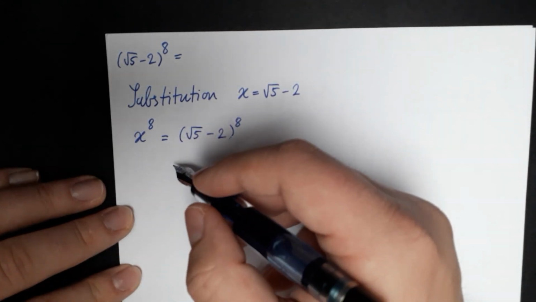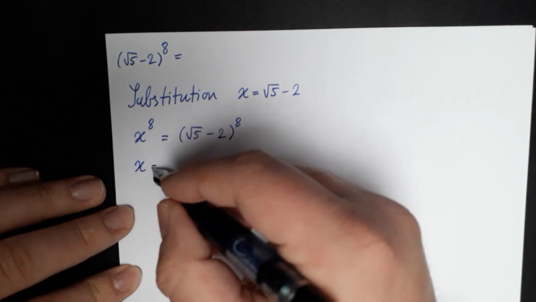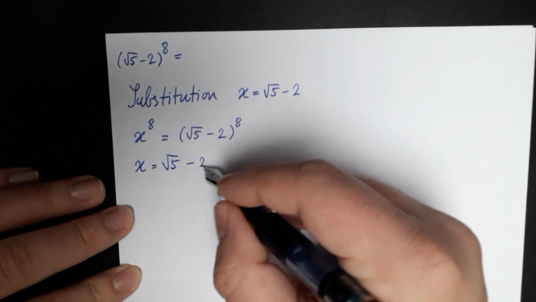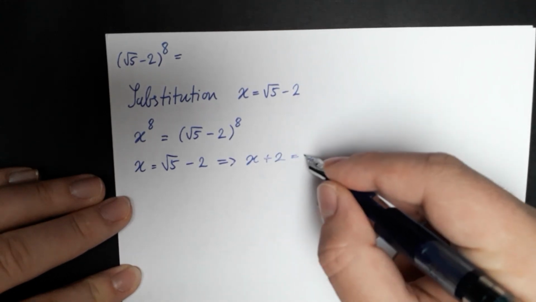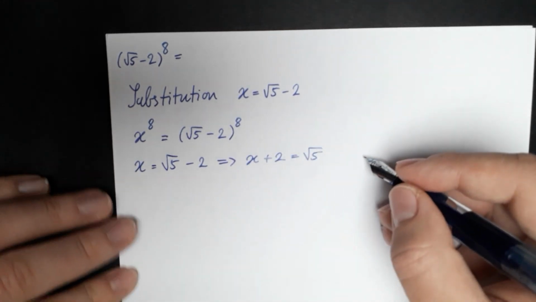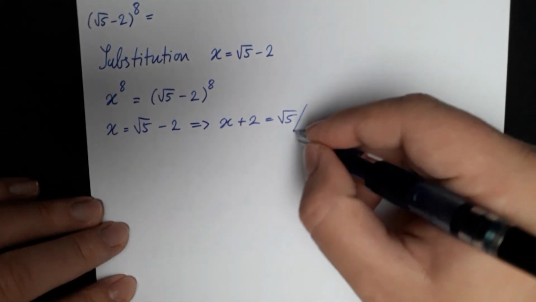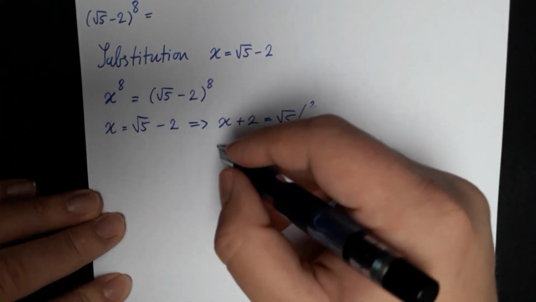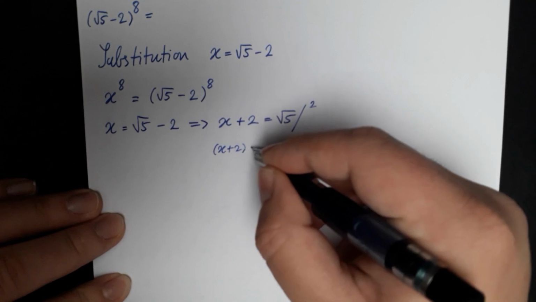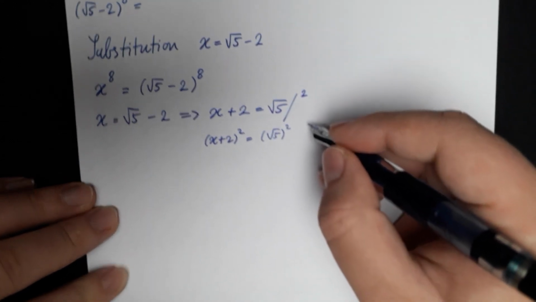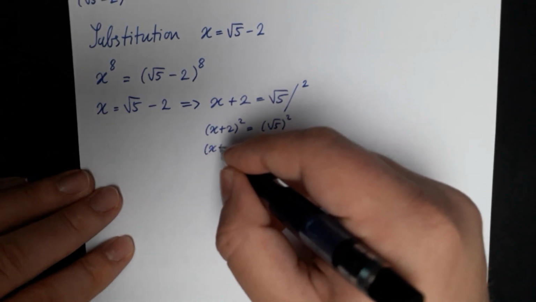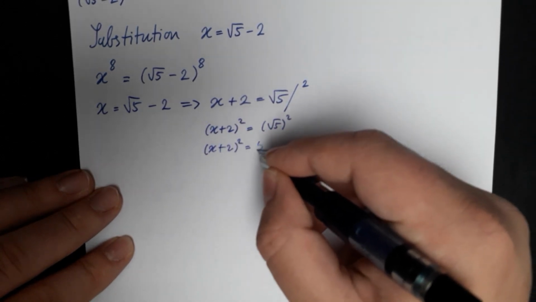What I have now from x equal to the square root of 5 minus 2 is that x plus 2 is equal to the square root of 5. I can square this equation, so I get x plus 2 squared equal to the square root of 5 squared, which is x plus 2 squared equal to 5.